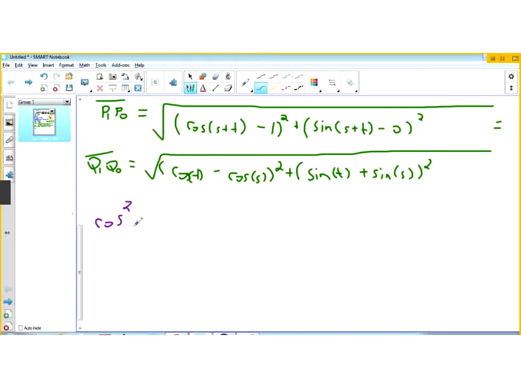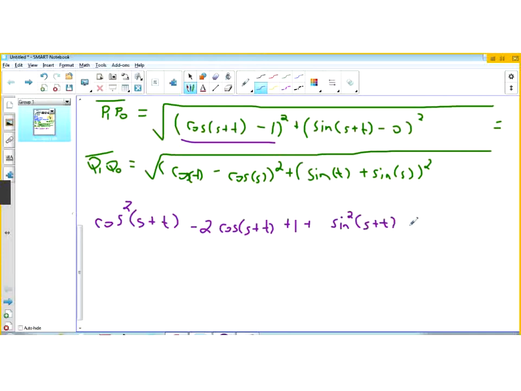So we'll have cosine squared of s plus t, minus 2 times the cosine of s plus t, plus 1. These three terms result from squaring that. And then plus the sine squared of s plus t.